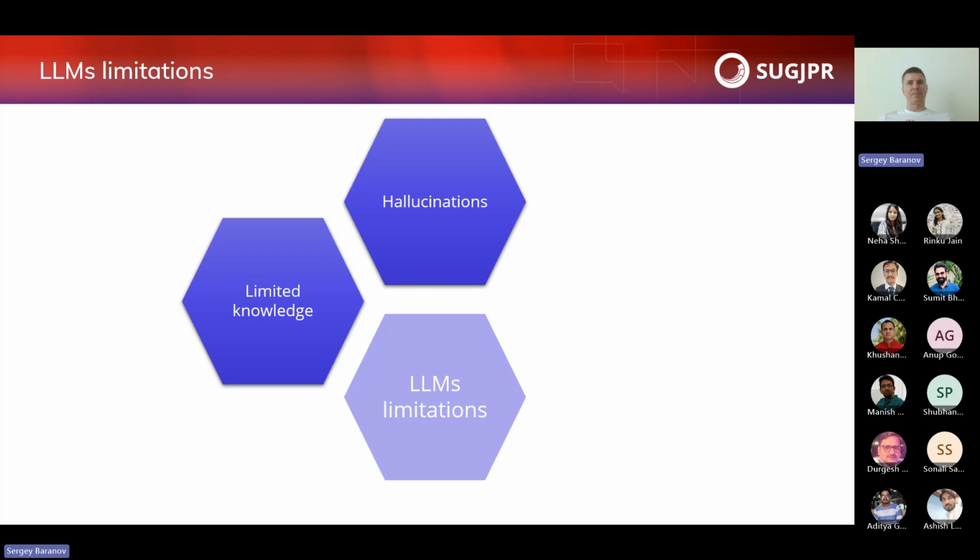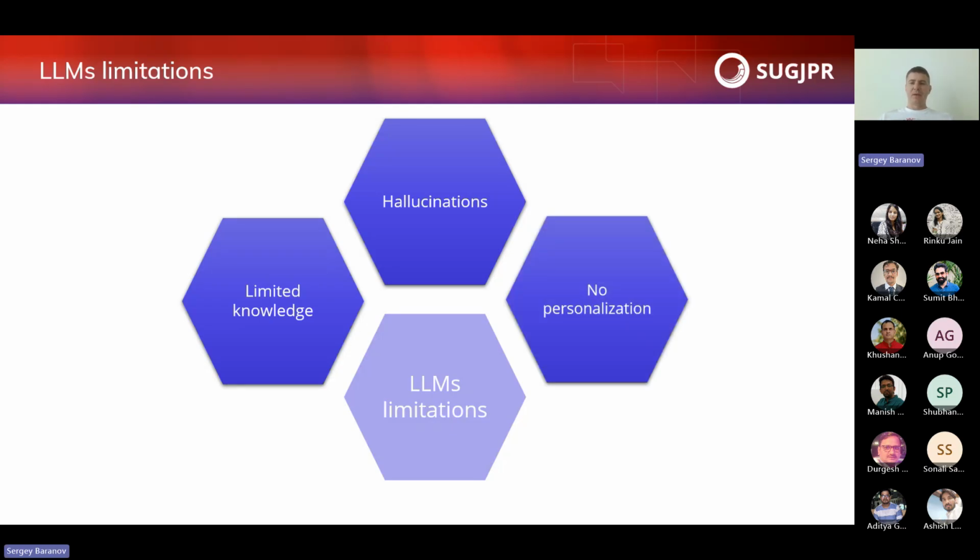The LLM thinks that the information it has is enough and tries to produce the answer based only on its own limited knowledge. And of course, an LLM is not able to personalize the answer because it doesn't have any information about the end user.